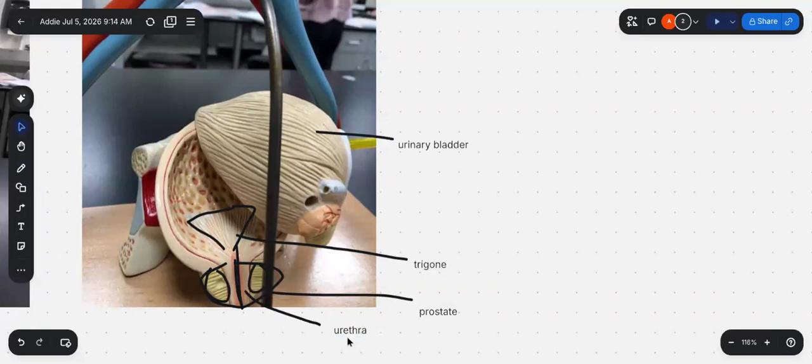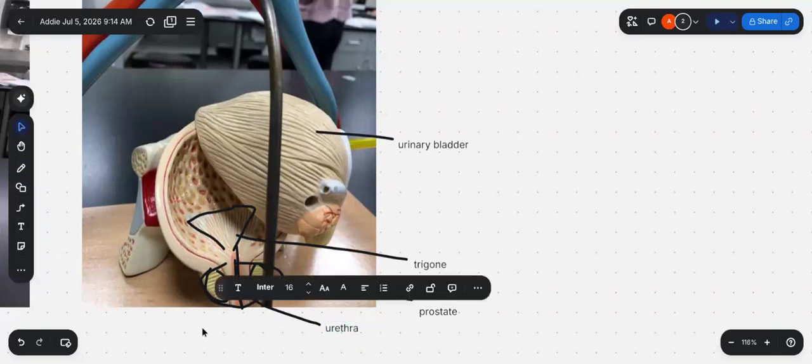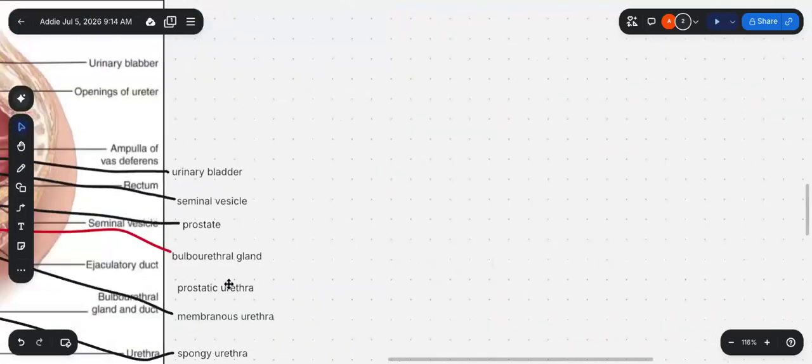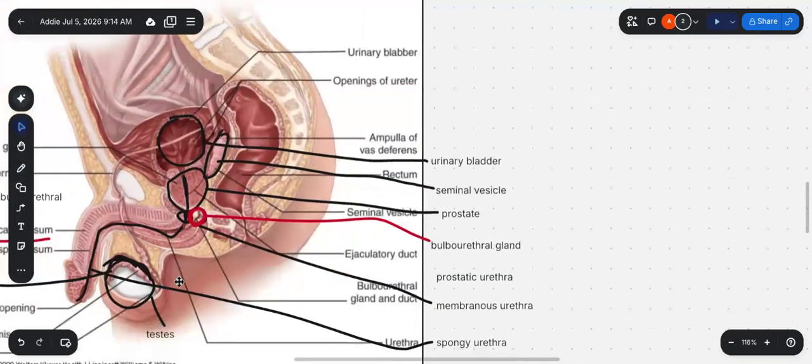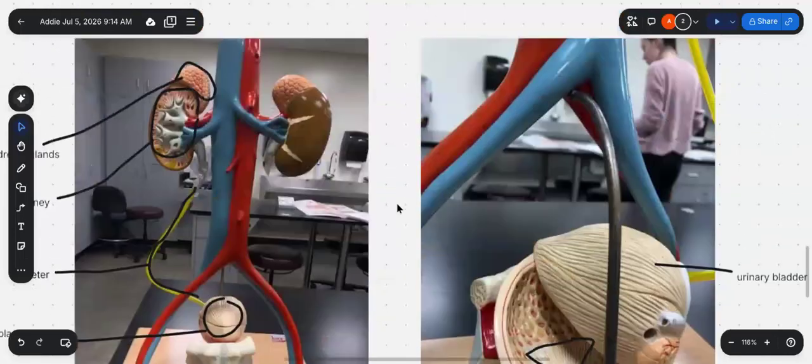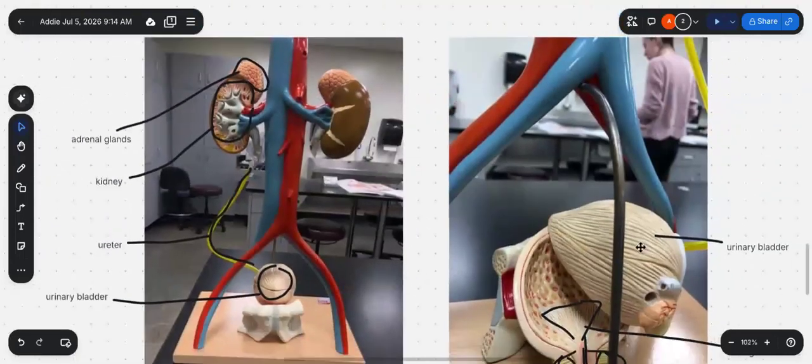It looks like this just because it's a cut section. If you see for the male as well, you can see the prostate over here and then the line that goes through it, that is your urethra. So that is what it is depicting in this depiction. So that is everything for the urinary system.